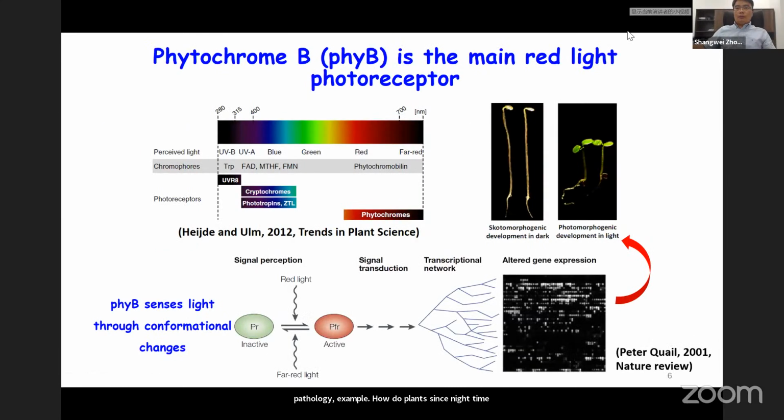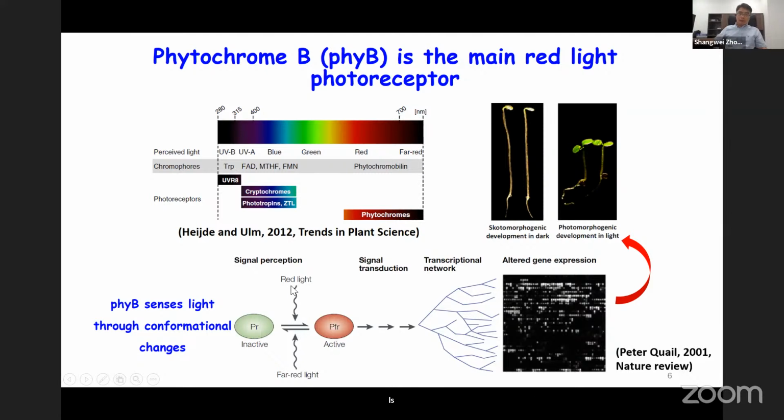During the past decades, several photoreceptors have been identified in plants. Among them, phytochrome B is a main red light photoreceptor. Phytochrome B is synthesized as a Pr form in the dark.